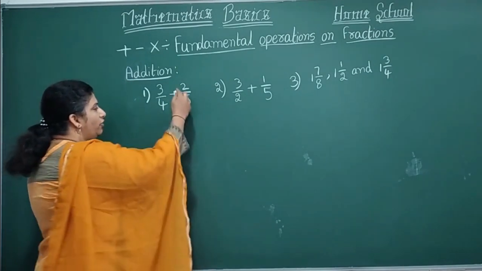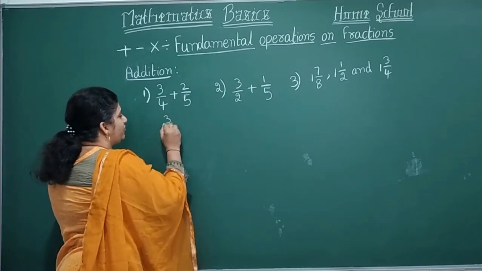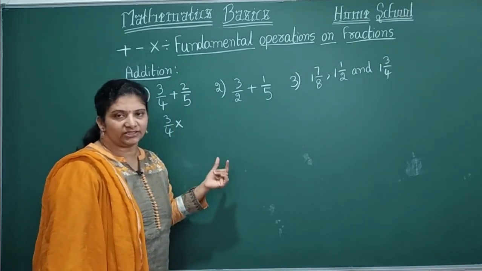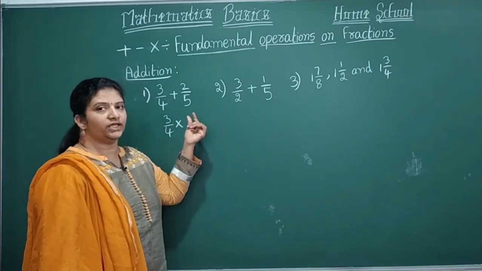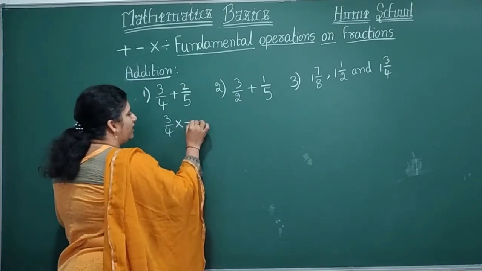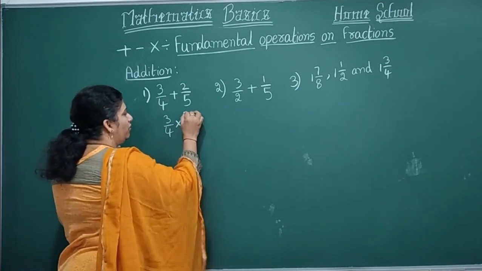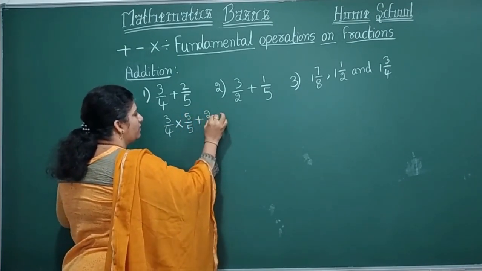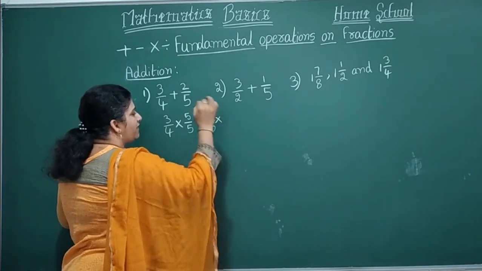Now how do you do it? For this 3 by 4, multiply the numerator and the denominator by the other fraction's denominator. 3 by 4 into 5 by 5, plus, then what about this fraction?